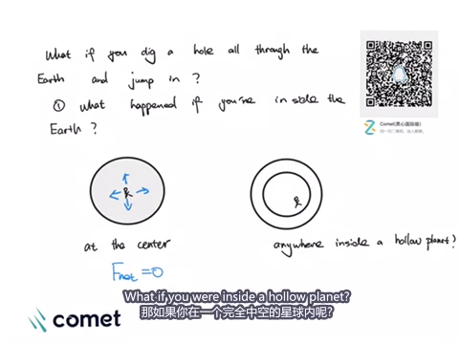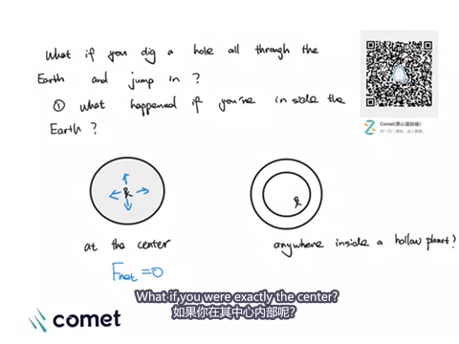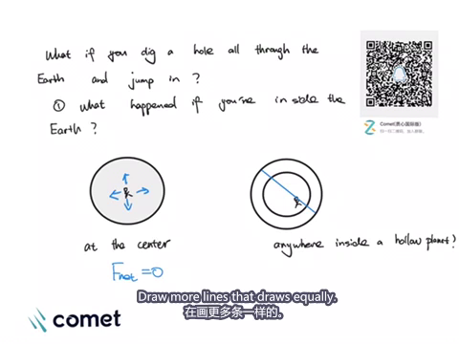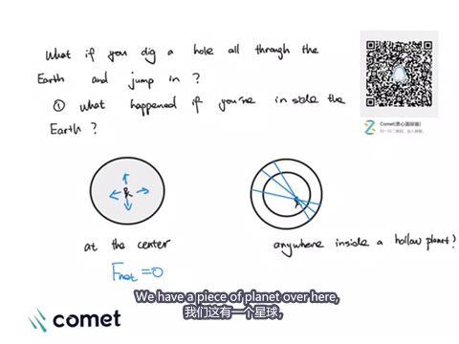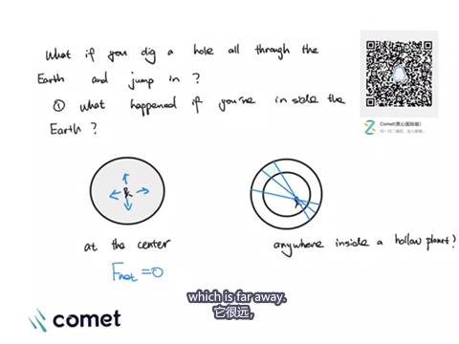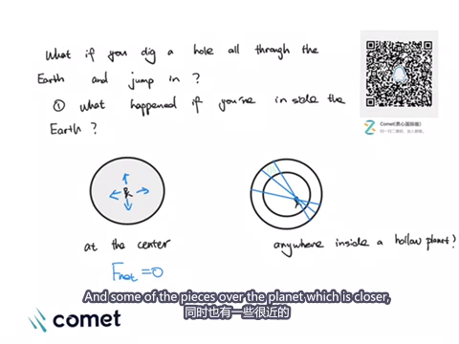What if you are inside a hollow planet? What if you weren't exactly at the center? It turns out there is an interesting symmetry. Let's draw a diameter line through you, and two more lines drawn equally. Interesting things happen. We have a piece of the planet over here which is far away, and a smaller piece of the planet which is closer.